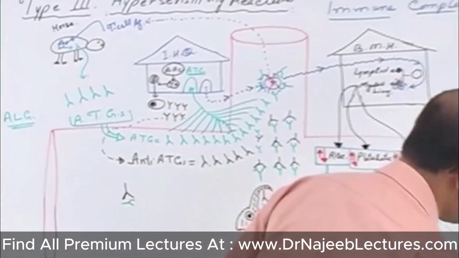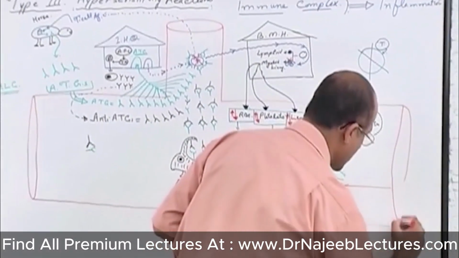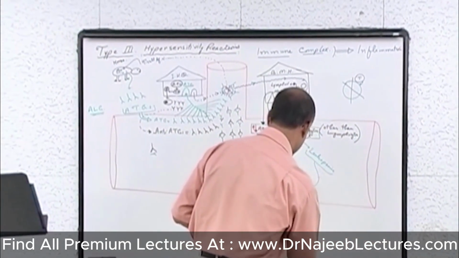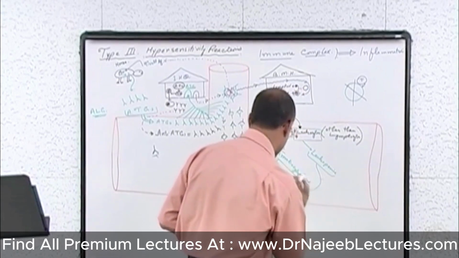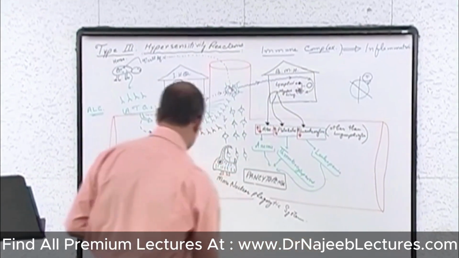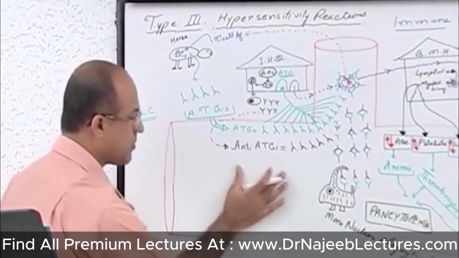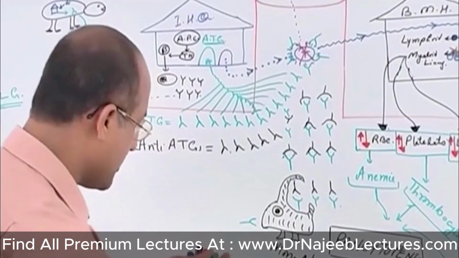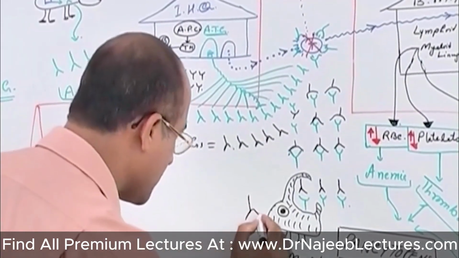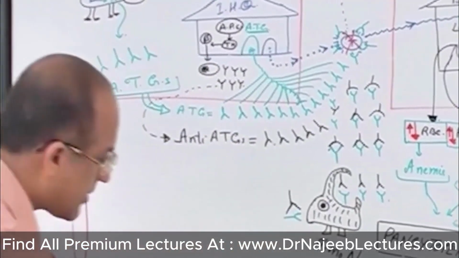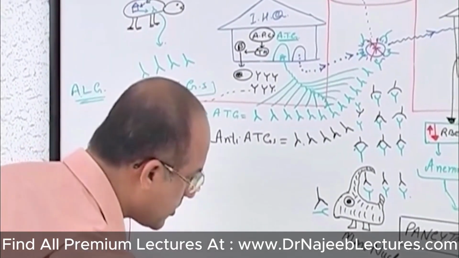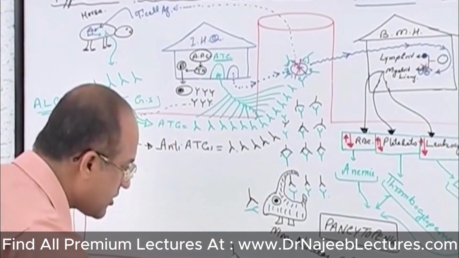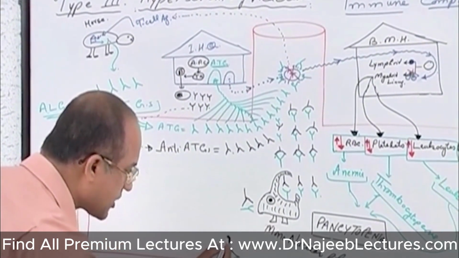Let me show you to which part they are depositing. There are some certain areas where circulating immune complexes love to deposit. Now this is the immune complex which could not be removed. Let's suppose it binds here with the endothelium, and this immune complex has an active Fc portion.